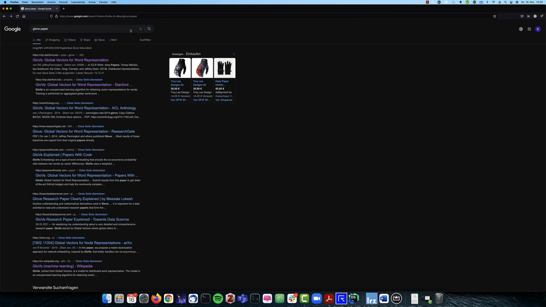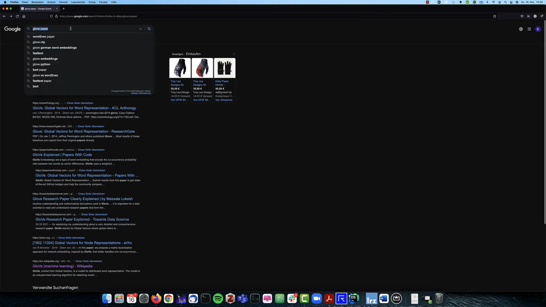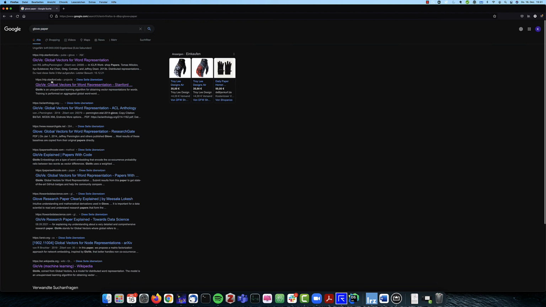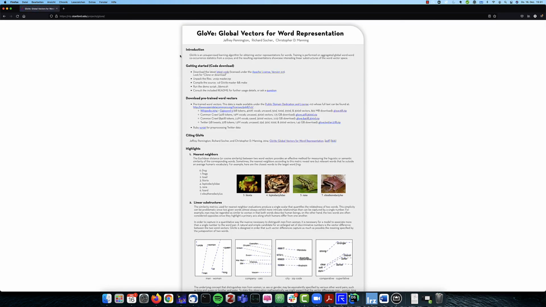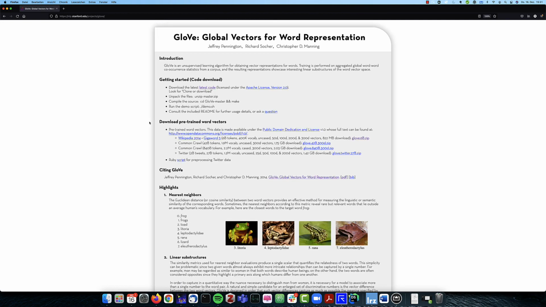And if you Google just for GloVe paper, then you will find the GloVe Stanford homepage by the developers of the model, and there you will find more interesting information. There are two or three things that we can do. If we have a corpus, we can either estimate the GloVe model by ourselves, or we can use word vector representations that are already pre-trained.